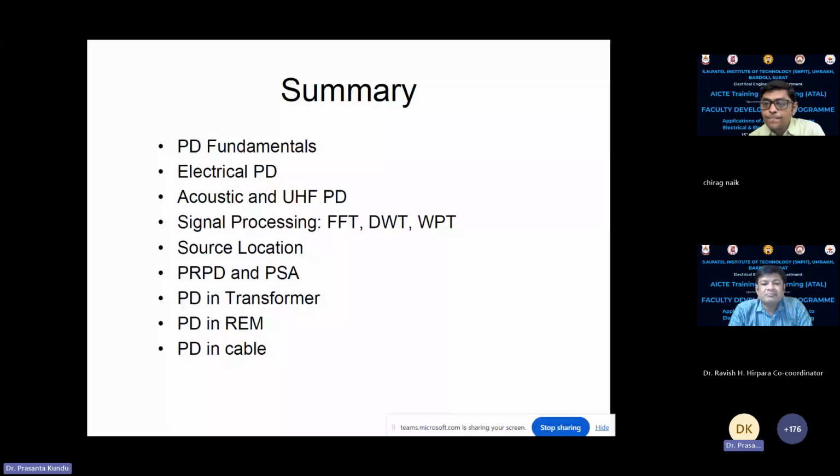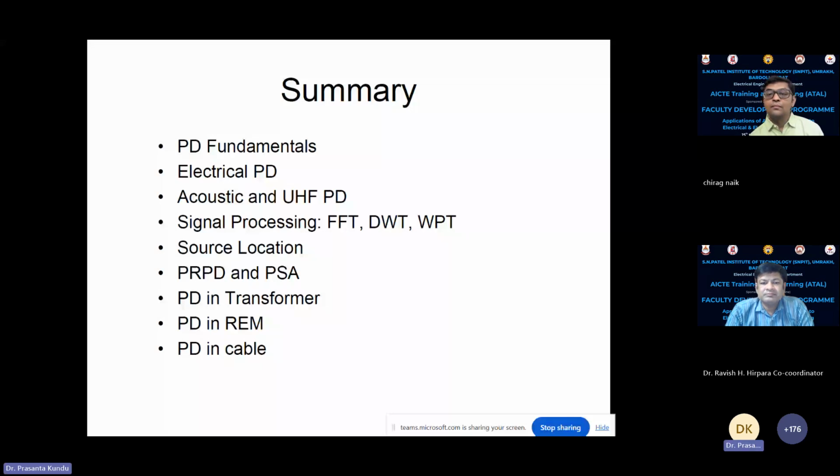Acoustic and UHF are used for source location algorithms. PD in the case of AC has been classified by PRPD analysis, phase resolved partial discharge analysis, and pulse sequence analysis is done for DC PD measurement. Nowadays it is used for the HVDC cable, because cable is very popular for DC transmission.